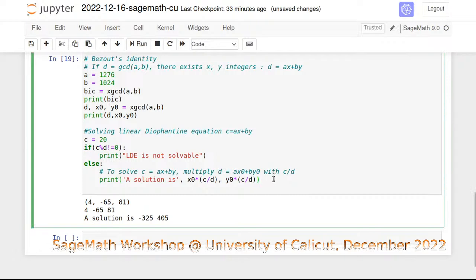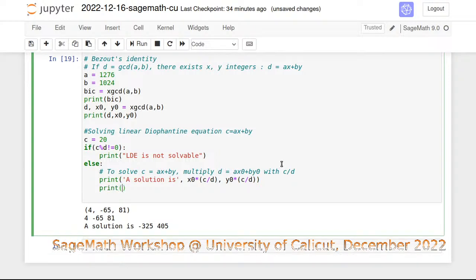This is correct, that we can check. Minus 325 into A. So verification: 20 equal to A star this plus B star this.